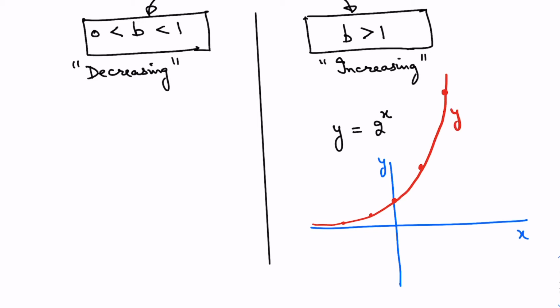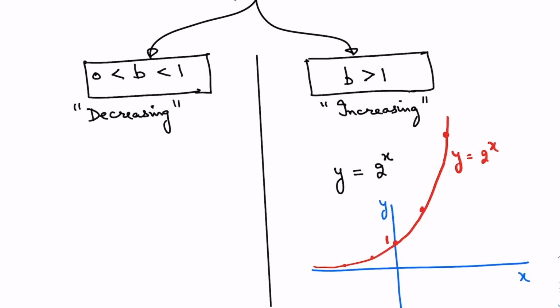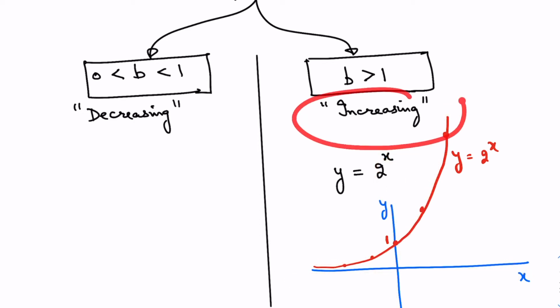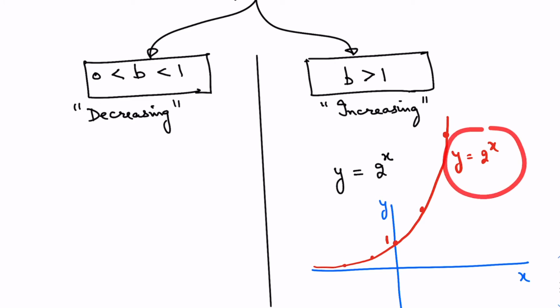So this is y equals 2 power x, and it hits the y-axis at 1. This point is 1. We can see that this curve is an increasing curve. As x is increasing, y goes on increasing. So that's why we have put this title on this family, that's why it's called the increasing family. And this is a representative of this family.